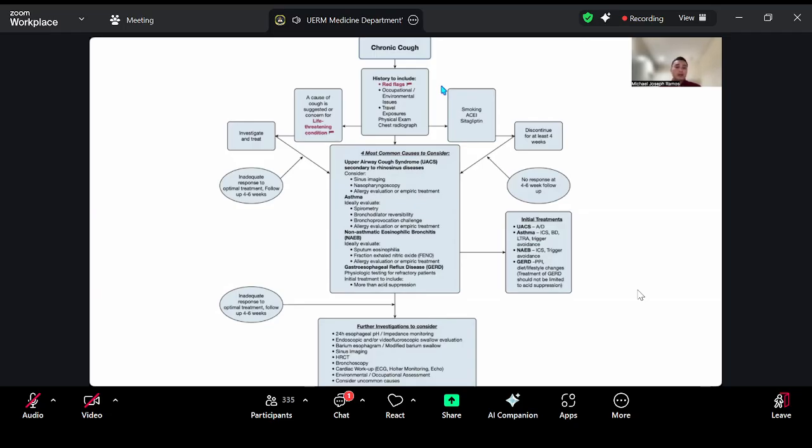So if the initial assessment points towards a gastrointestinal cause, then pH measurement or endoscopy may be indicated. If the assessment points to a cardiac cause, then do your cardiac workup. If, despite all of the investigations and optimal treatment, the cough persists, then consider the possibility of a cough hypersensitivity syndrome, which is a diagnosis of exclusion.